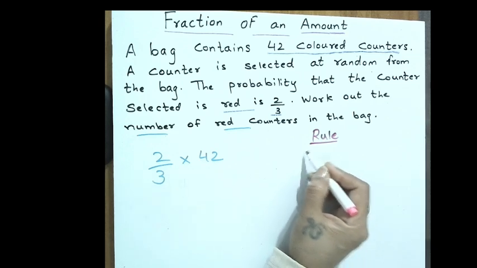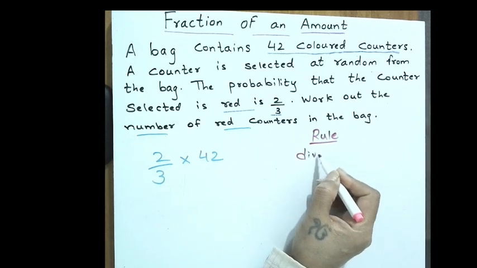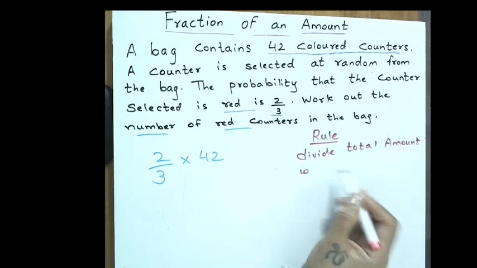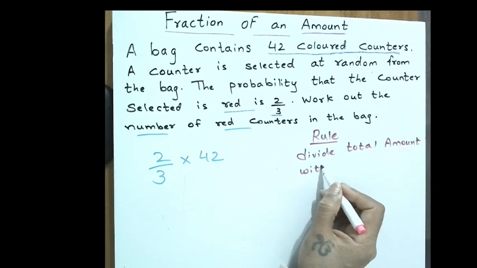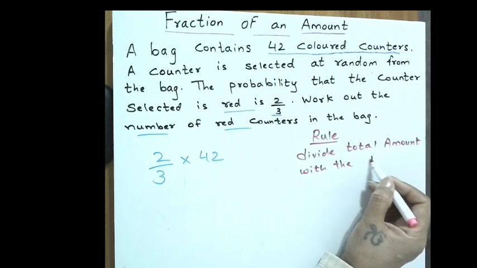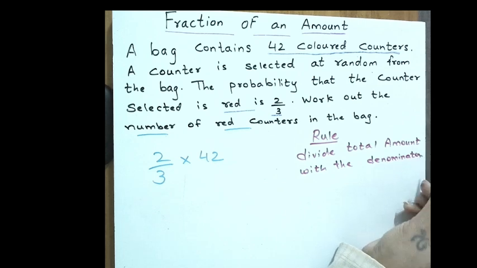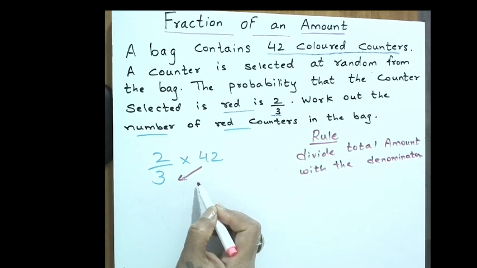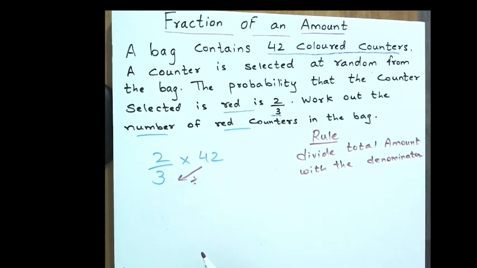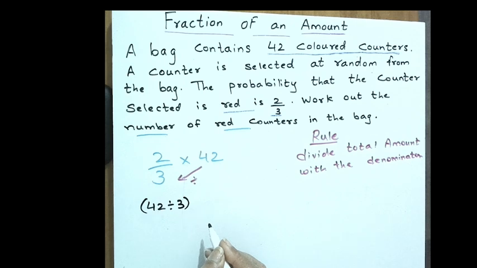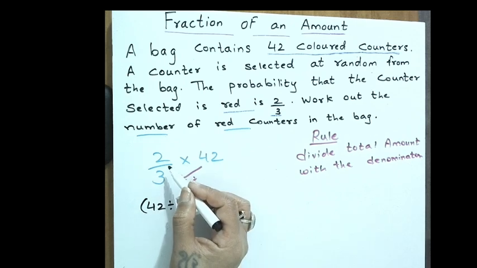So you will divide the total amount by the denominator. This is a division process. You are going to write 42 divided by 3, and the next step is you multiply with the top.